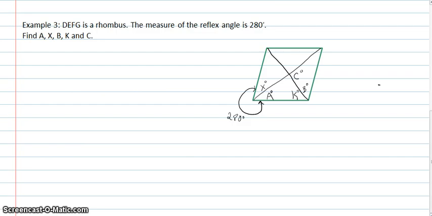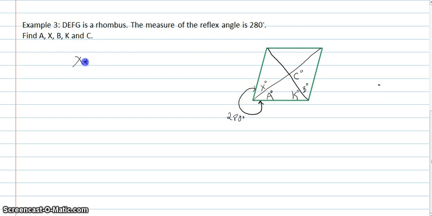In example 3, we have DEFG is a rhombus, and the measure of the reflexive angle, or the reflex angle, is 280 degrees, and then they want us to find a, x, b, k, and c. So I have the reflex angle drawn in here. That's what is 280 degrees. Now we know that if this was to go all the way around, it would be 360 degrees.